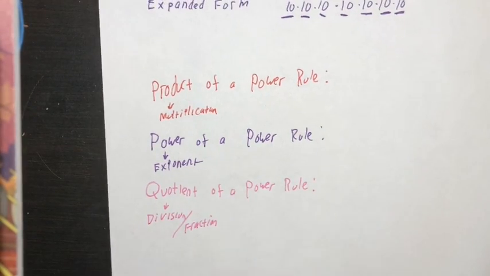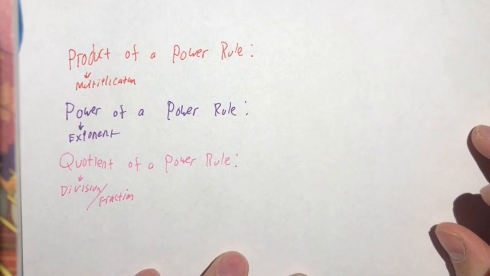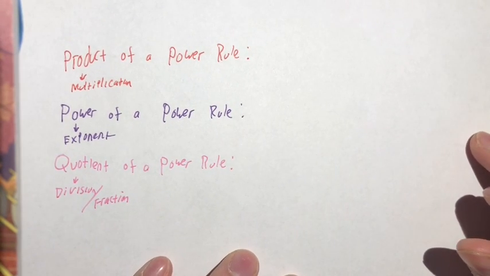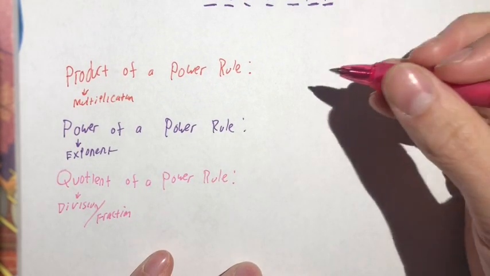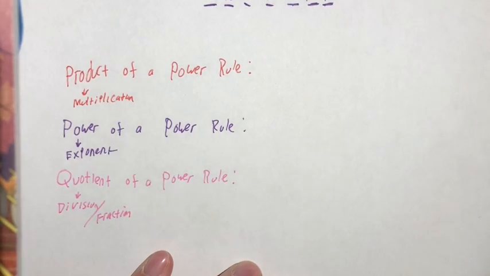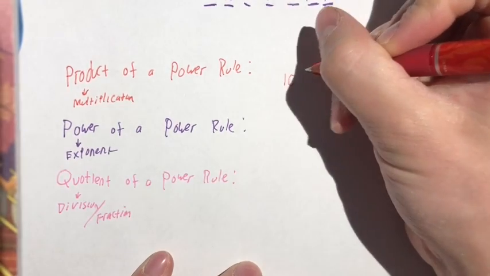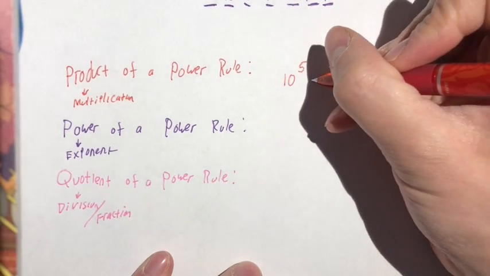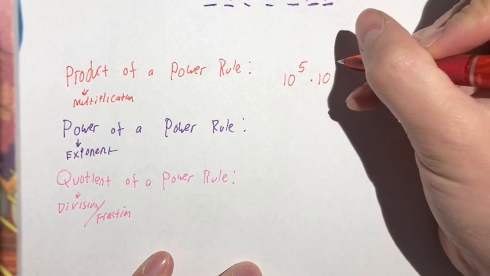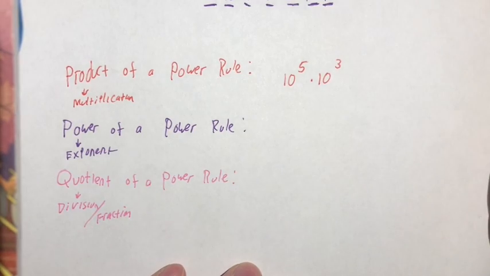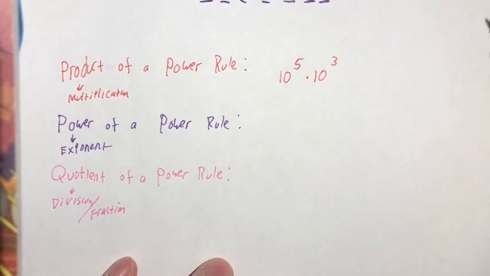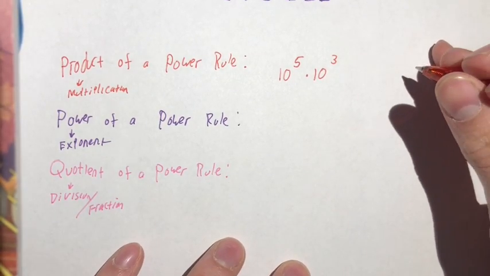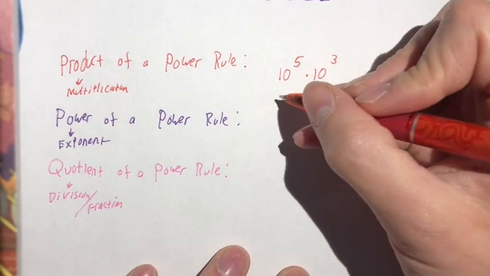All right. So we gotta look at how to tell when to use each rule. So if you have a product of a power, let's just pick a couple. I'll use the same numbers for each one. Let's say we'll do 10 to the 5th power times 10 to the 3rd power. So now in our product of a power rule, remember, what did we have to do to our exponents?